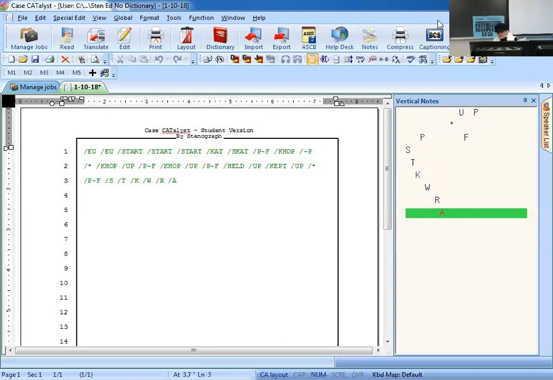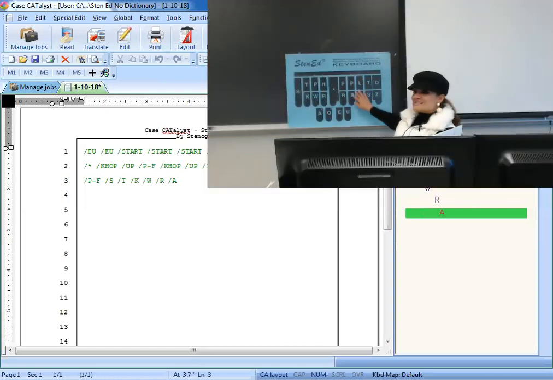Let me enlarge myself. Okay, the right side of the keyboard, the final side, is reserved for word endings. The following single character letters on the final side of the keyboard are used to write inflected endings. Inflected endings are added to words to change their function, for example to indicate plurality or tense, but not their basic meaning.